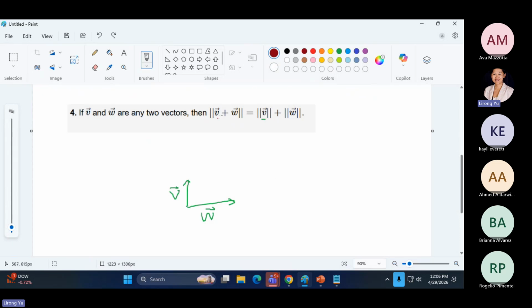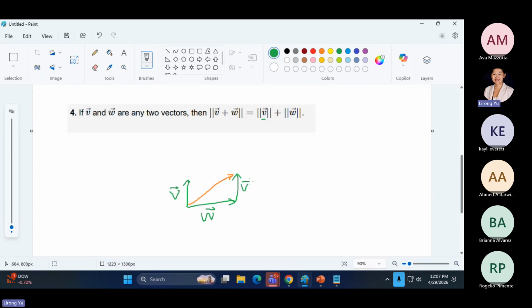Now, what about V plus W? According to what we've discussed, you form a parallelogram, and V plus W is the diagonal. We can also put it into a triangle using the triangle rule, head to toe.